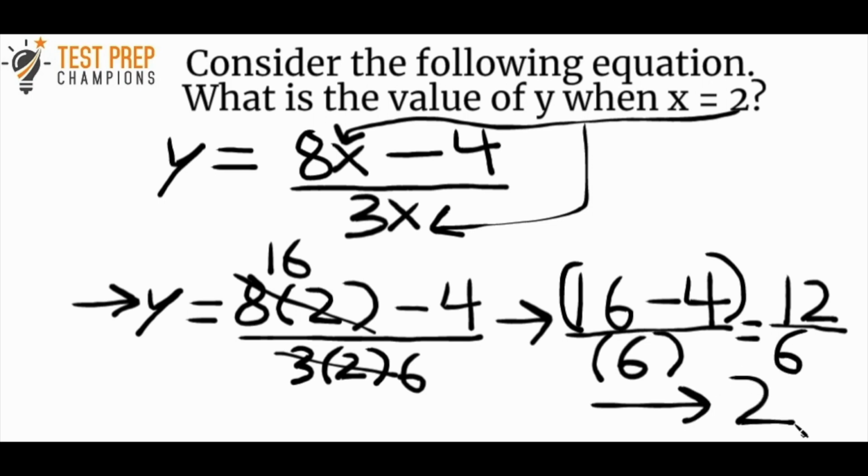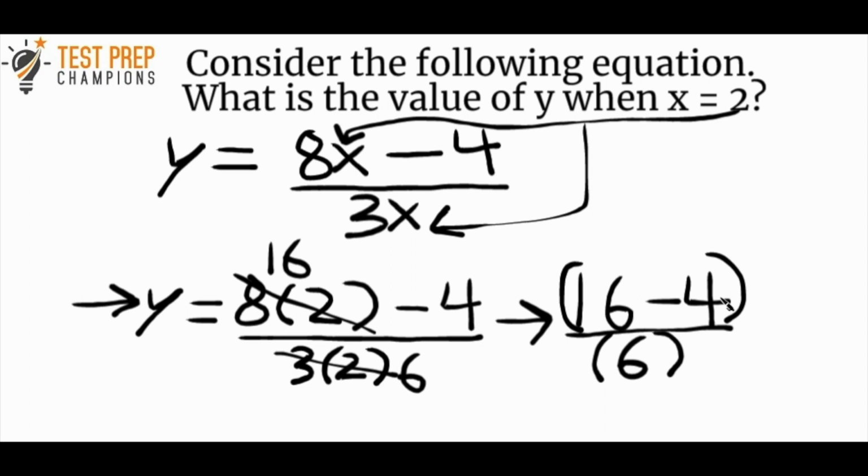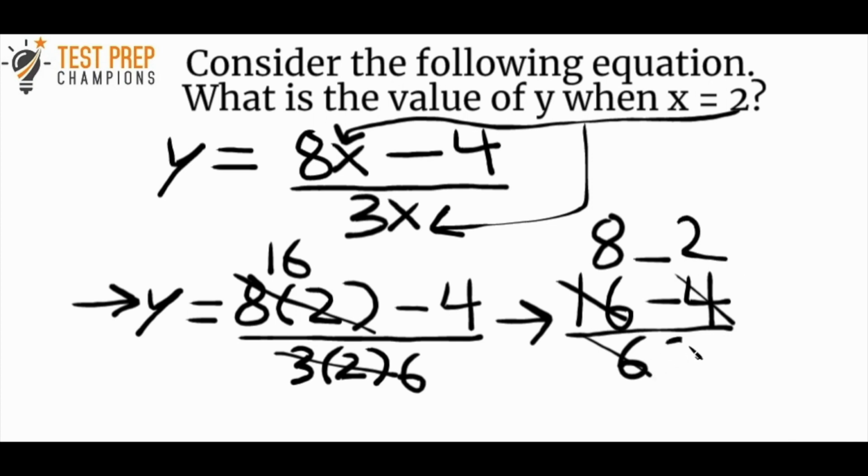Now, there's a different way you could have thought about it, rather than doing 16 minus 4. Let me back up here. You could have tried to divide an even number from 16, from 4, and from 6. Since these are all even numbers, you could have divided each of them by 2. 16 divided by 2 gives us 8, 4 divided by 2 is 2, and 6 divided by 2 is 3.